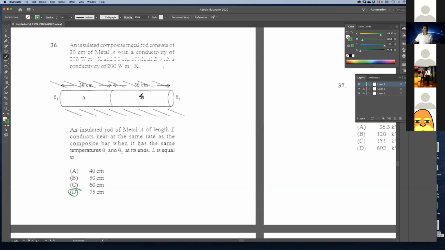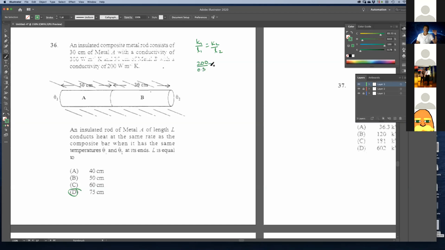It's about equivalent conductors, right? What is the equation for equivalent conductors? K1 over L1, the first thickness, is equal to K2 over the second thickness. K1 over L1 is equal to K2 over L2. So I want to replace this by an equivalent conductor. We know that this is 200 over 0.3. I'll put it in meters this time.